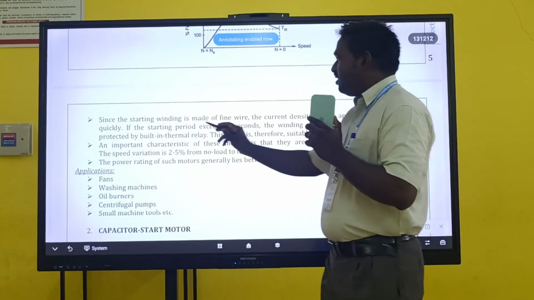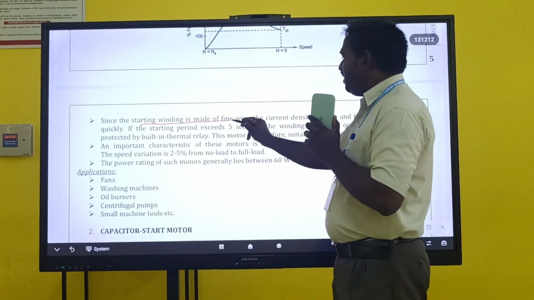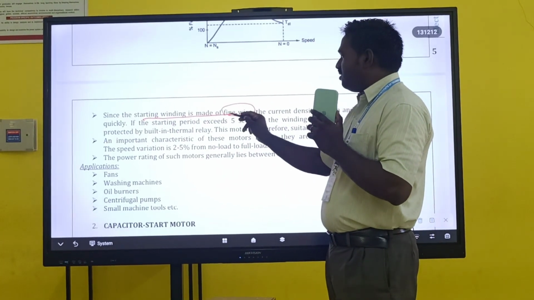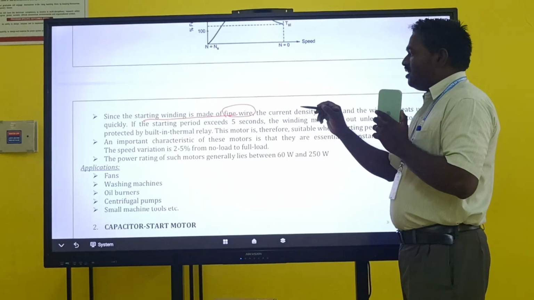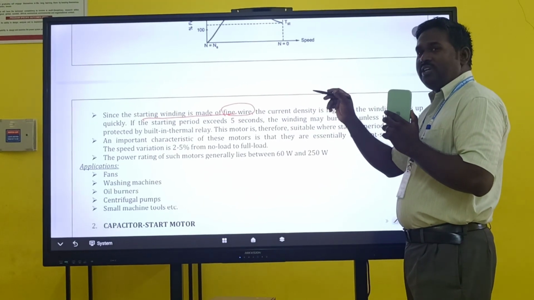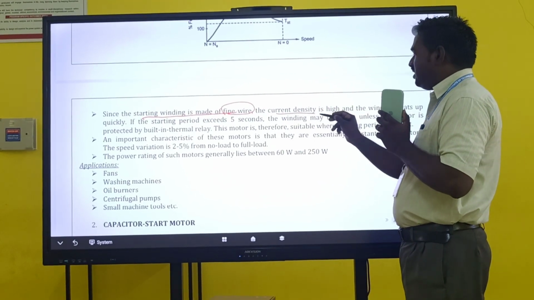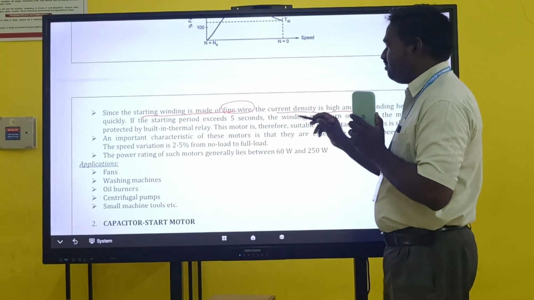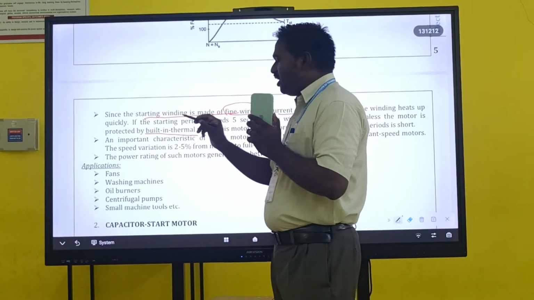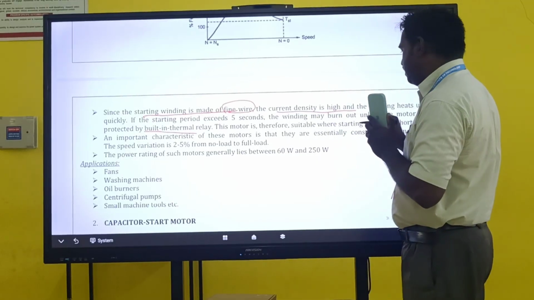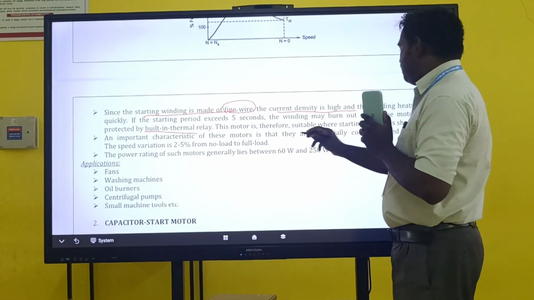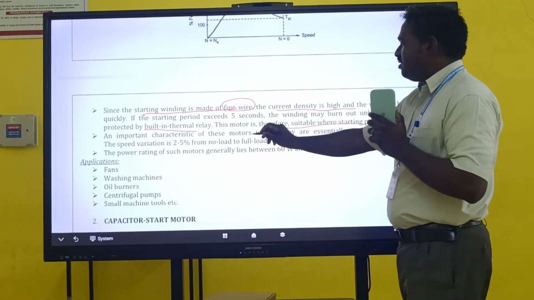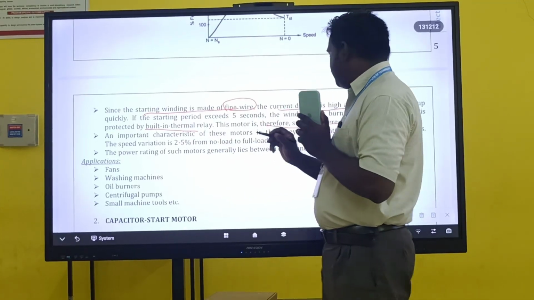And you can see that since the starting winding is made with a fine wire, the amount of current flowing through it should be reduced, because the current density is very high. To reduce this, we need a built-in relay so that we can protect the winding at the initial condition.